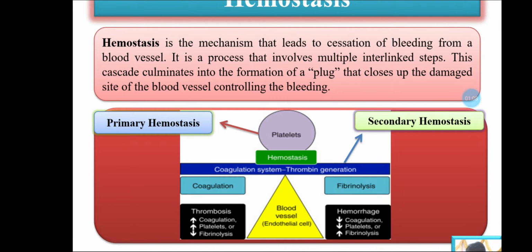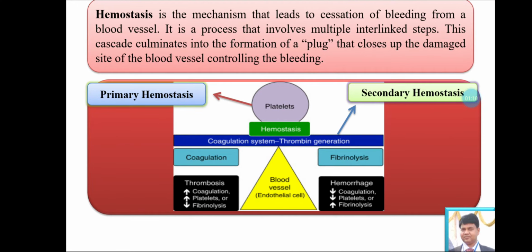Here we can see there are two types of mechanism: primary hemostasis and secondary hemostasis. In primary hemostasis, the platelets interact with the von Willebrand factor, which is present on the subendothelial surface of the injured blood vessels.